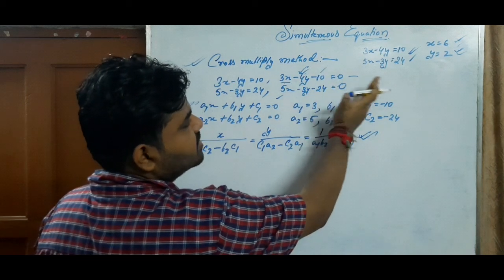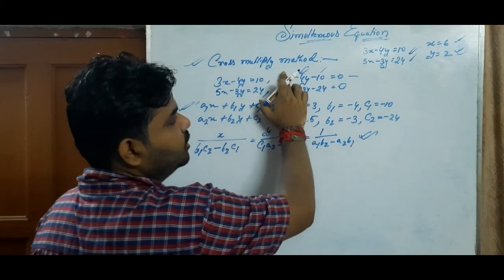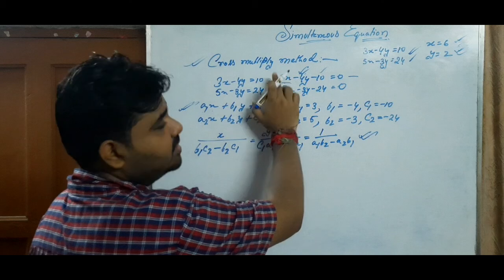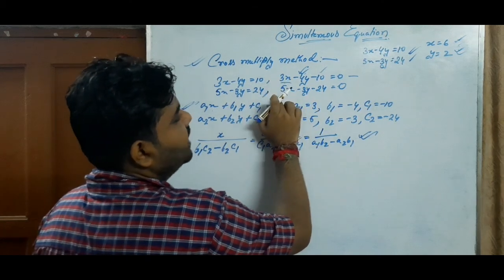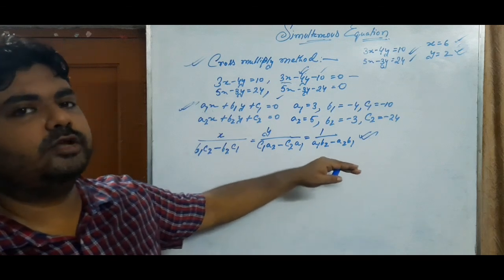The next coefficient, if we take the circular way, while repeating, will be the coefficient of x, that is a1 into b2 minus a2 into b1. Now we will just put the respective values.